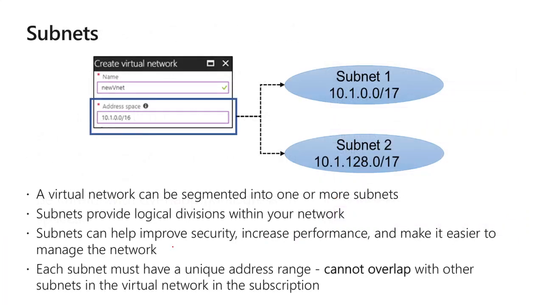All right. A virtual network can be further segmented into subnets. You can have one subnet or multiple subnets. A subnet is mandatory for virtual machine deployment. You should compulsorily have a subnet.